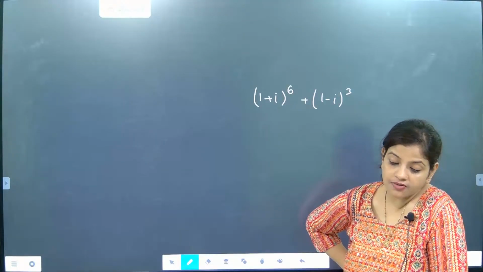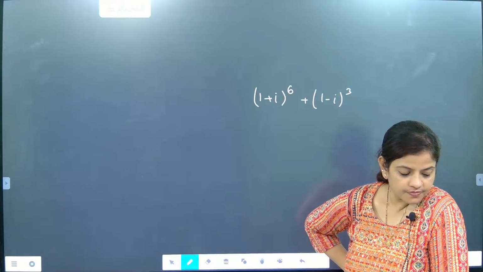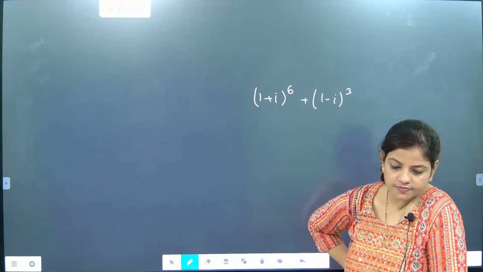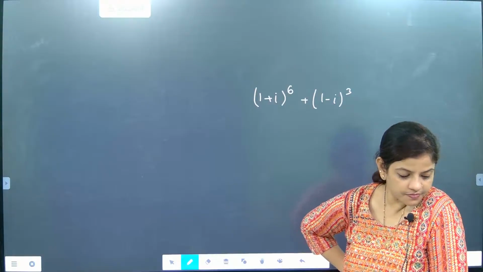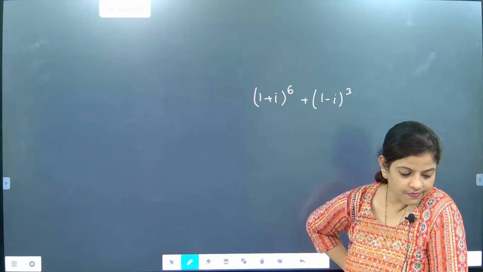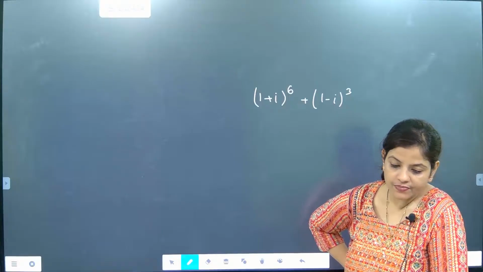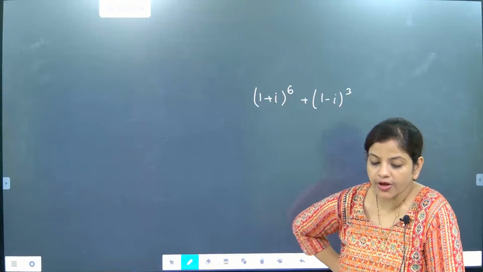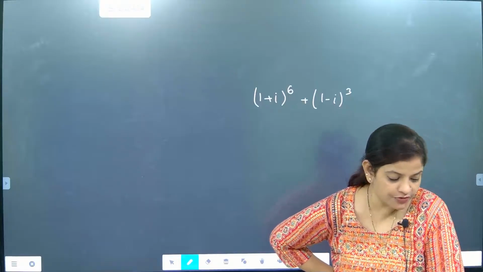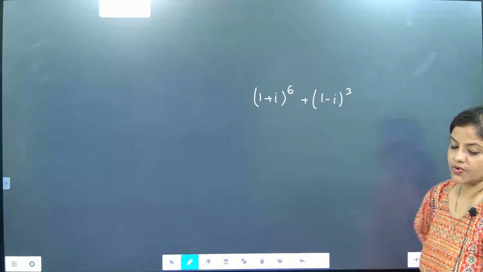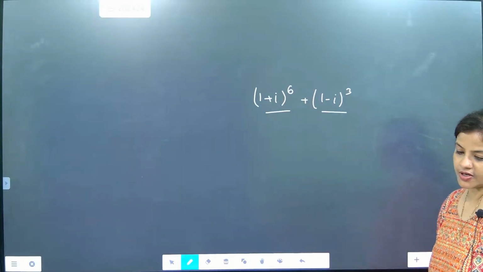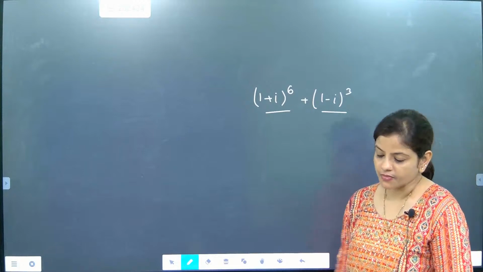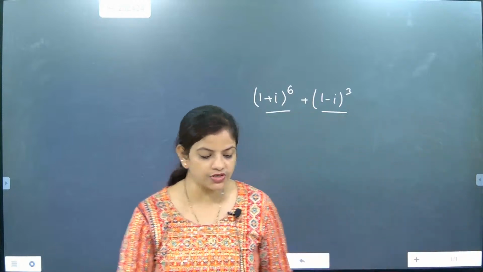Any idea to solve this question? Without binomial expansion? If you don't know how to open it by binomial expansion, then how to solve this question? (1 plus i) to the power 6 and (1 minus i) to the power 3. Check this one out.